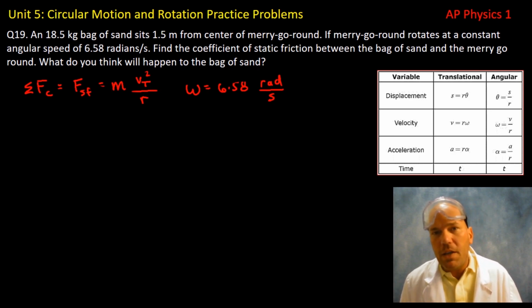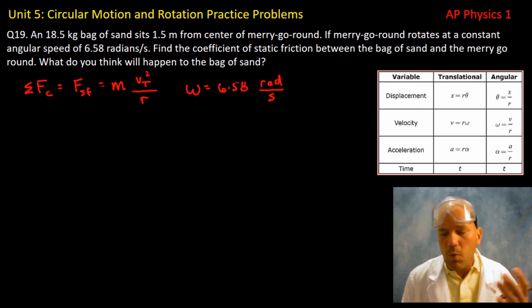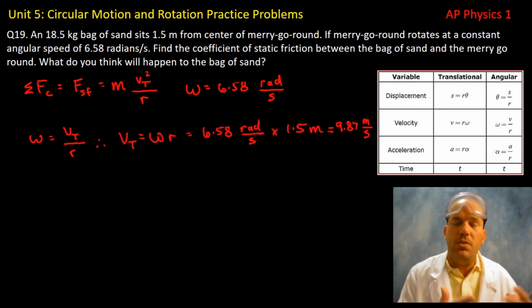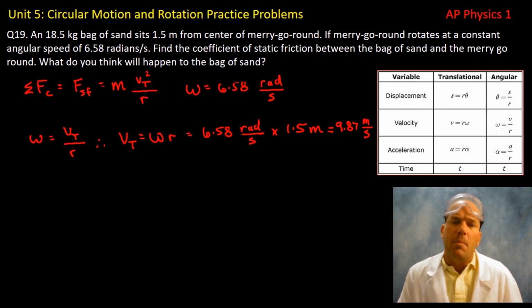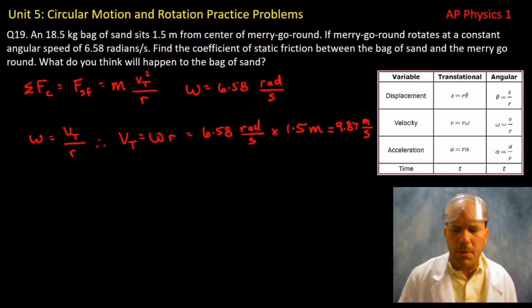However, we are given the velocity as an angular quantity, so we're going to need to convert into a tangential or translational quantity. By doing so, we know that we can take the angular quantity and multiply it by the radius, and that's going to give us a linear quantity of 9.87 meters per second.